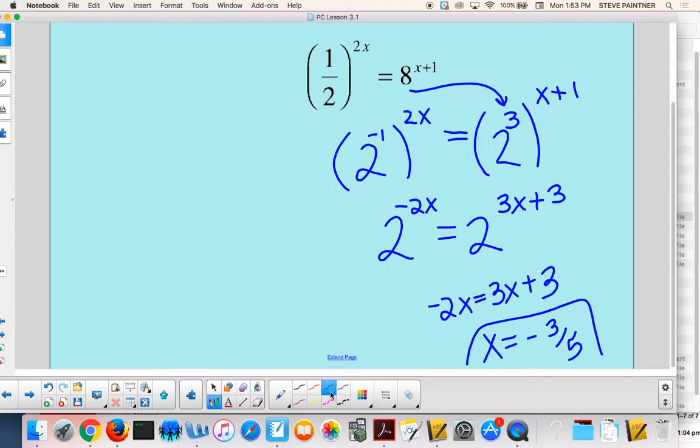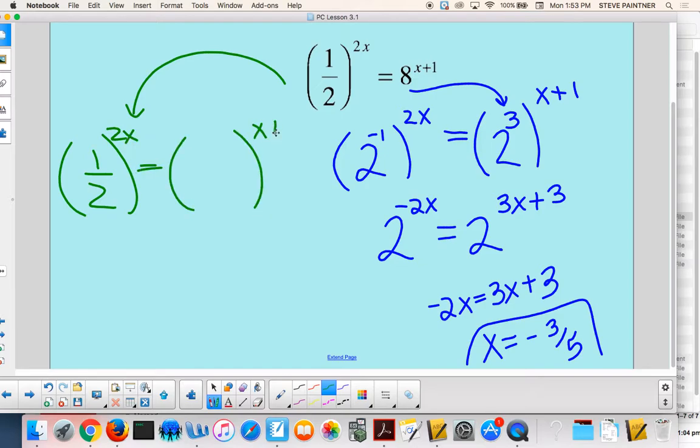Did anybody do this? Did anybody change it to 1/2? Because this one's already 1/2. How can you change the number 8 to 1/2? Negative what? Ooh, not negative 4. Three. Yeah, if you went like this, 1/2 to the negative 3, if you flip the 1/2, you get 2. 2 cubed is 8.